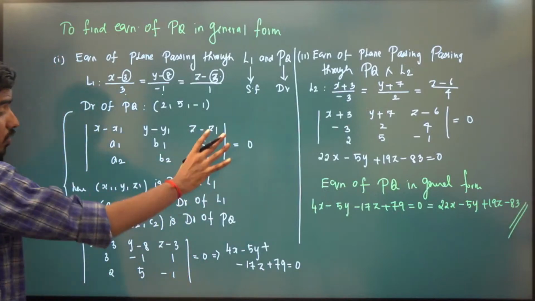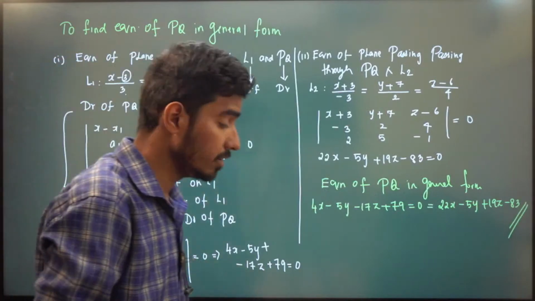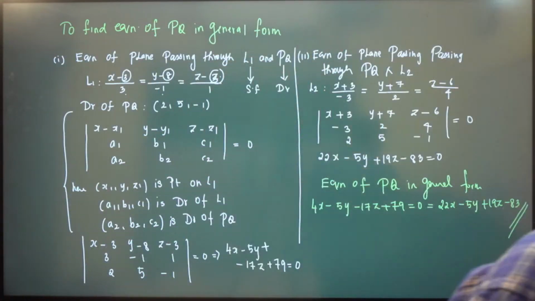Oh, okay, we need to find this in symmetrical form, right? We have found the equation of plane in general form. I have said we can also find the equation in symmetrical form. Let us try to work it out. Let us have a 1 minute break.